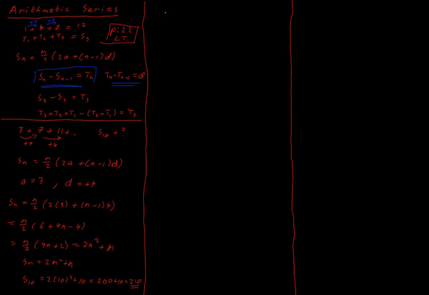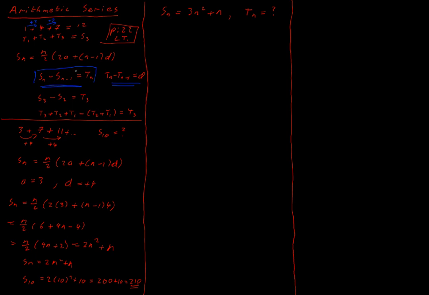Another style could be if I was given S of n, and I was asked to use it to find the terms. So I've been given an equation for the sum of the terms in a series. If I'm asked for the equation of a particular term, how could I get it?